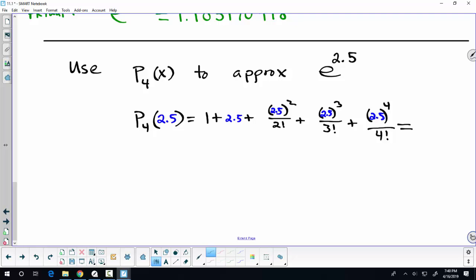So we're going to plug that into the Taylor polynomial P sub 4. It gives us, well, I'm going to write it down, 10.8567708 or so.